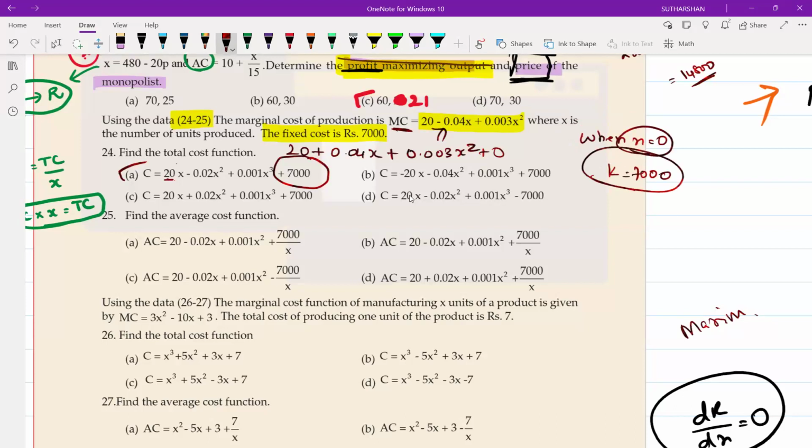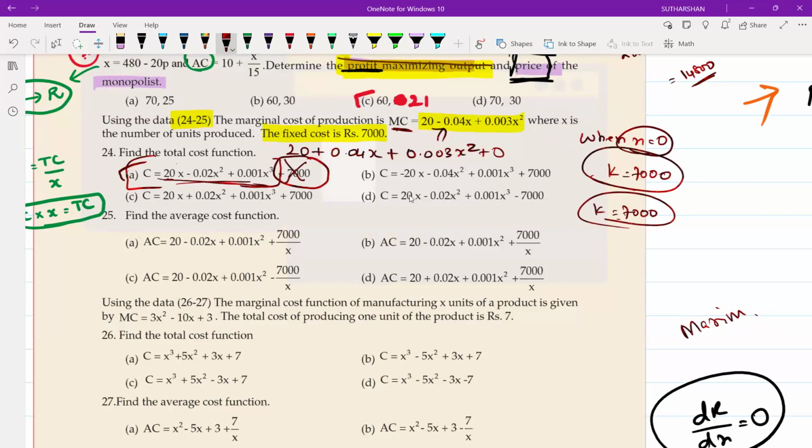For that matter, remove this. Avoid this. Substitute x is equal to 0 over this. Everything will become 0, so k will become 7,000. Are you able to understand?